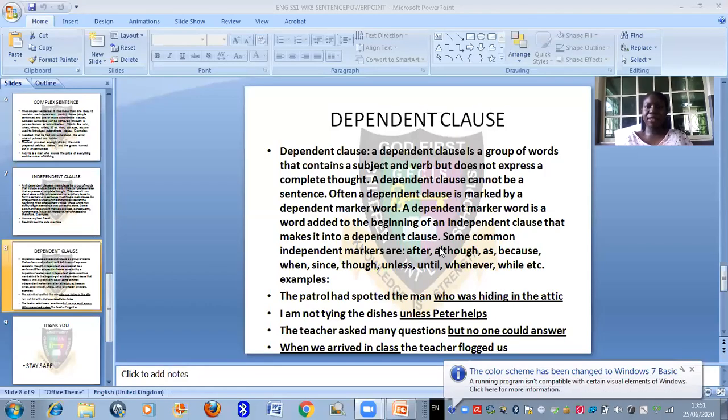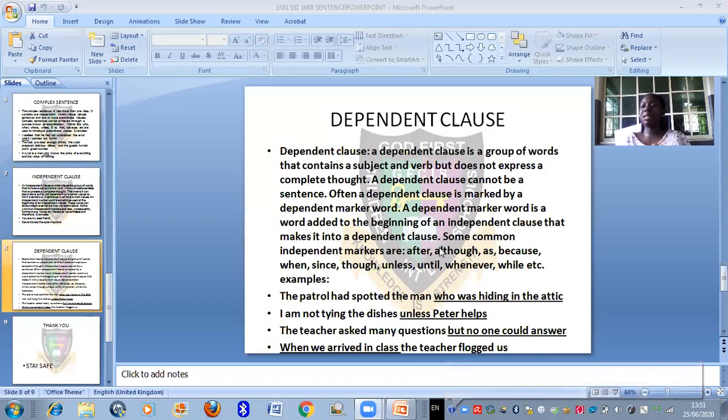Just like we have in independent clauses, there are also marker words for dependent clauses. Marker words are words that we use to introduce dependent clauses. For example, after, although, as, because, when, since, though, unless, until, whenever, while, etc. We use these words to introduce dependent clauses.